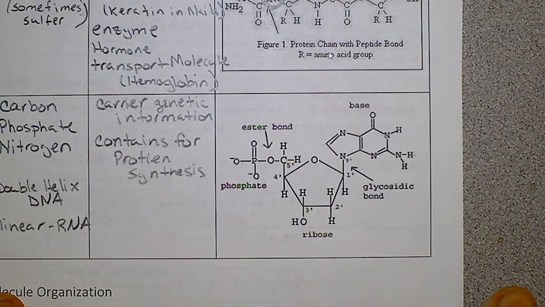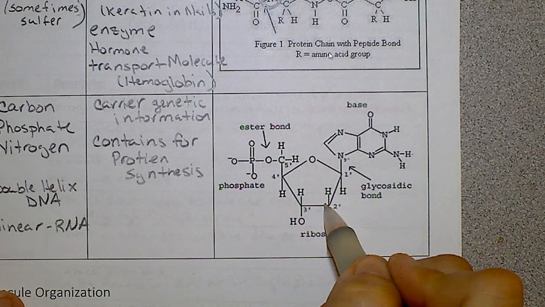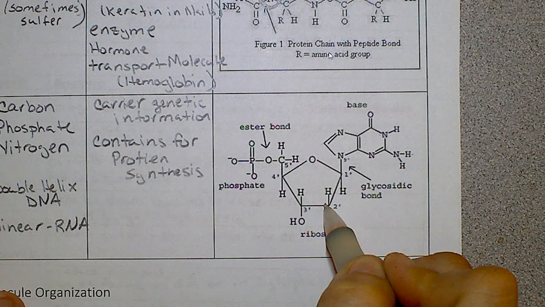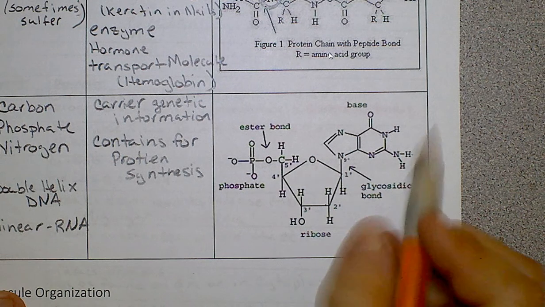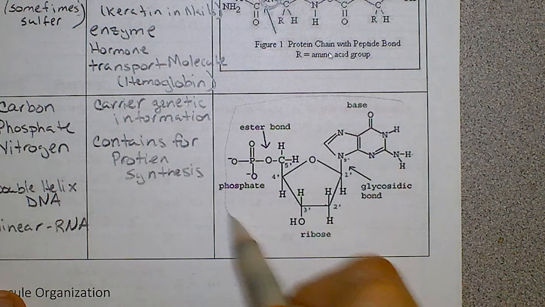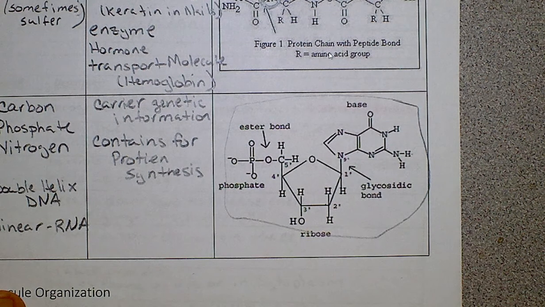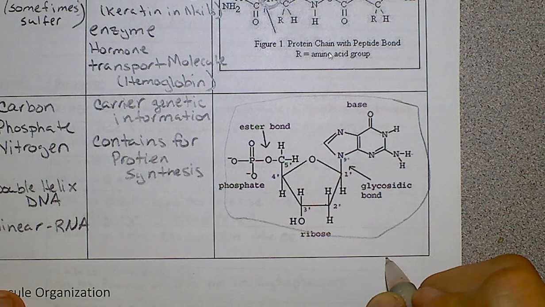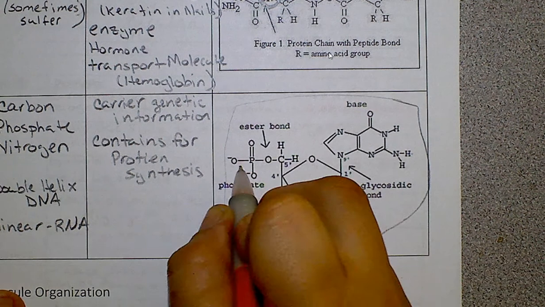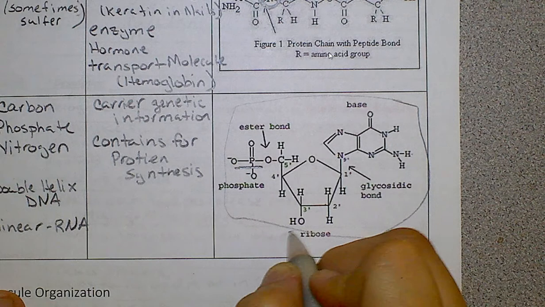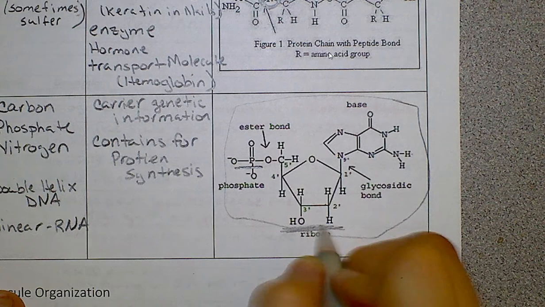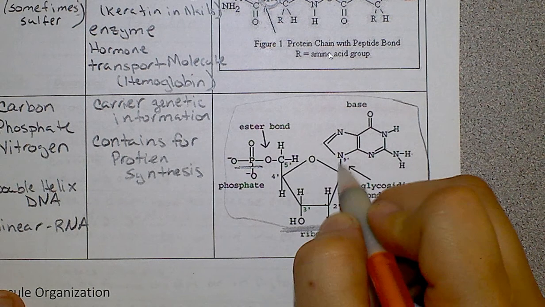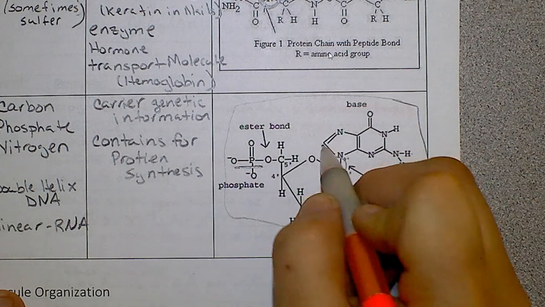So this is one side of a double helix or one side of an RNA strand. This is only one section. You're always going to have your phosphate group, your ribose. You're always going to have a bond with your base.